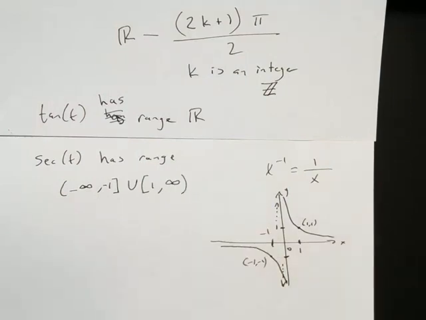You only get the numbers that are y values here on the bottom or here on the top. You never get the band in the middle. Whoa.